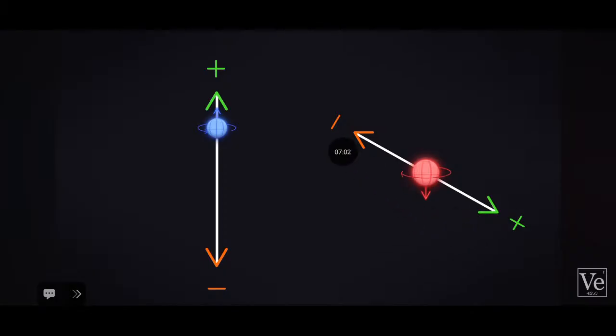But the negative has equally a different kind of flow, and that negative is actually just the back end of the thing.